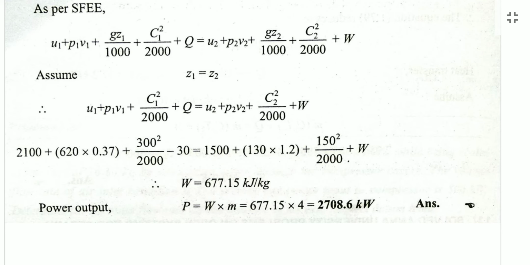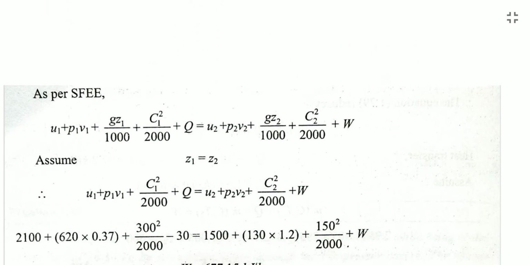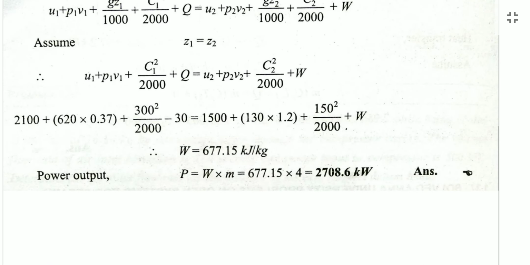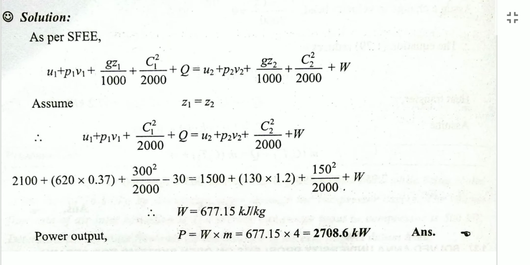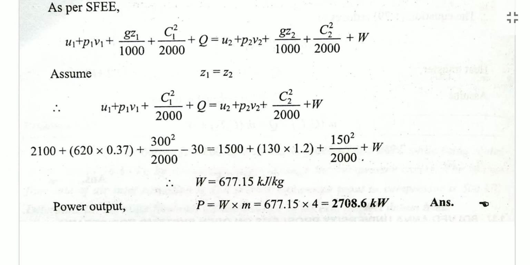Because for Q and everything we used kilojoule per kilogram, specific units. The heat is minus 30 kilojoule per kilogram. So the output answer is also kilojoule per kilogram.